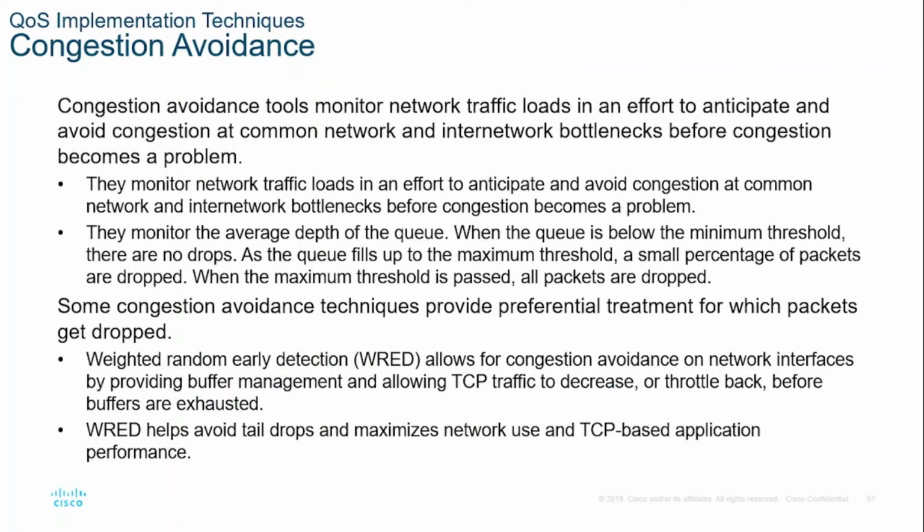When the queue is below the minimum threshold, there are no drops. As the queue fills up to the maximum threshold, a small percentage of packets are dropped. When the maximum threshold is passed, all packets are dropped.